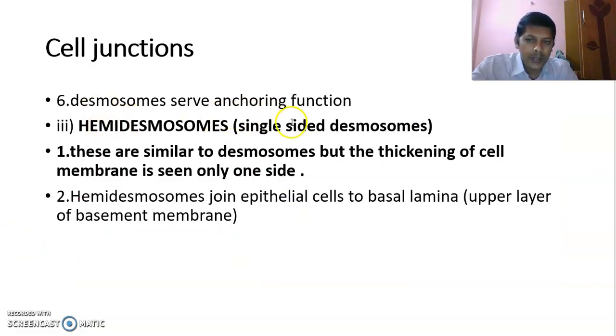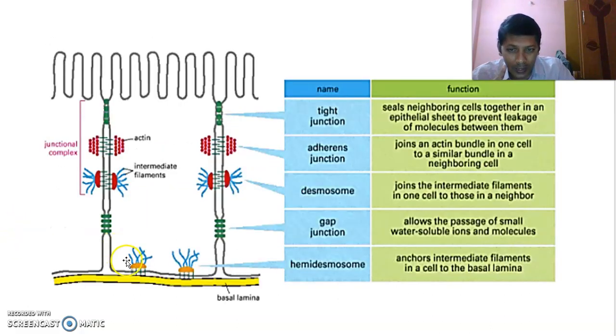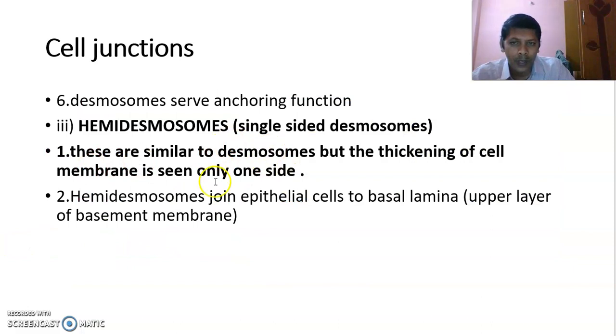Hemidesmosomes are similar to desmosomes, but thickening of the cell membrane is seen only on one side. Both sides you can see in desmosomes, here only one side. Hemidesmosomes join epithelial cells to the basal lamina. I told you the basal lamina is the upper layer of the basement membrane.